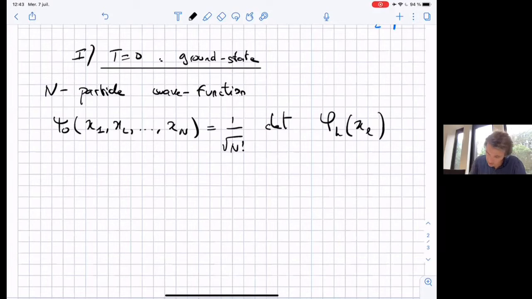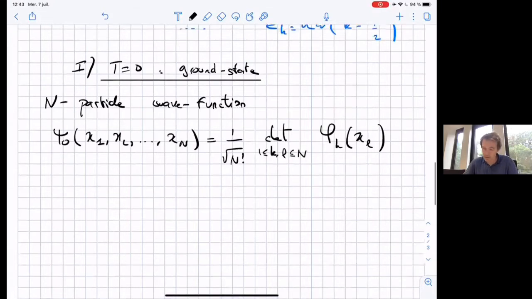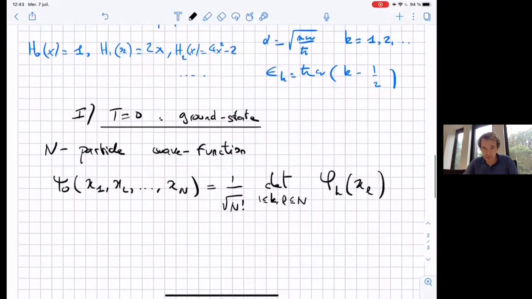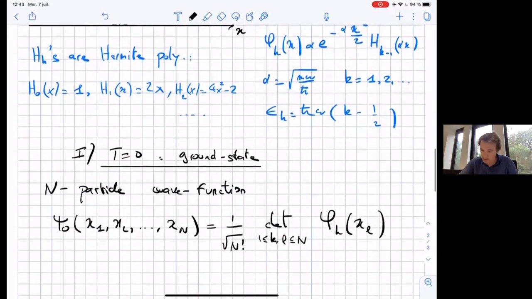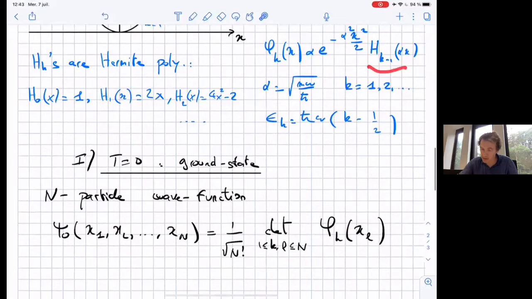And here I have N particles, so the indices k and l just go between 1 and N, and that's why I use this numbering. Because if I started from 0, it would be a pity to have an index for the matrix which starts at 0. So that was just the trick here.